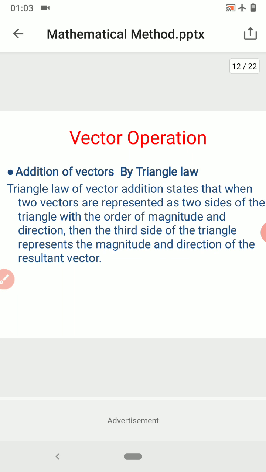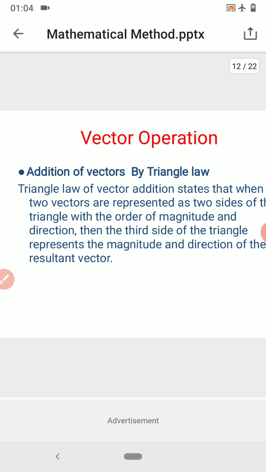First of all, keep it in mind that the addition or subtraction operation requires the same type of vector.